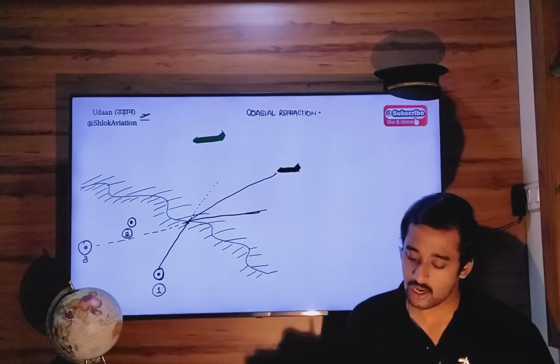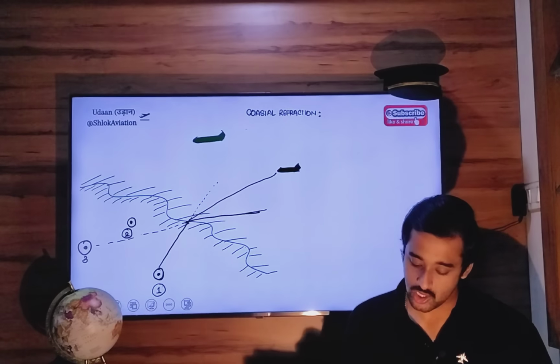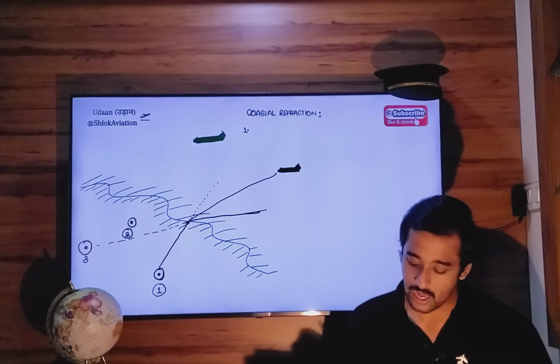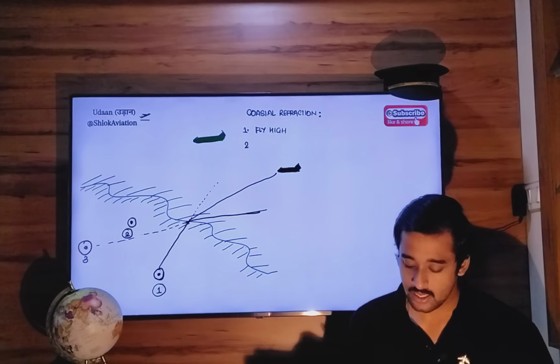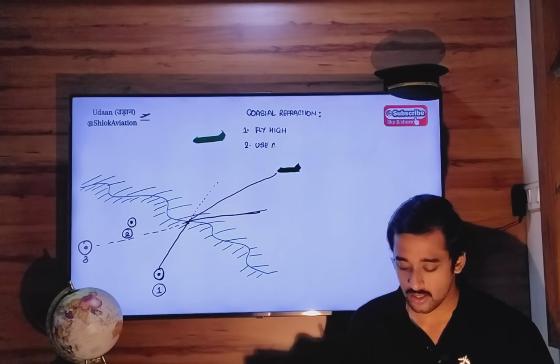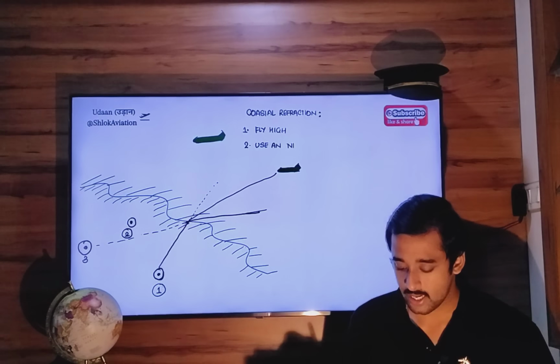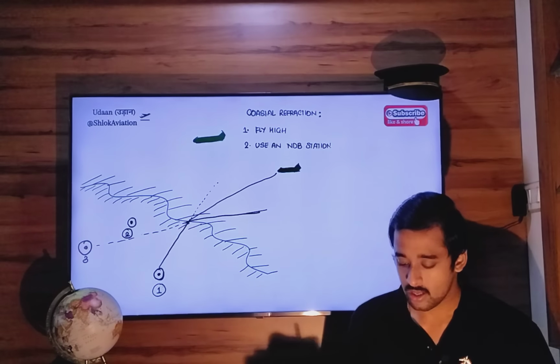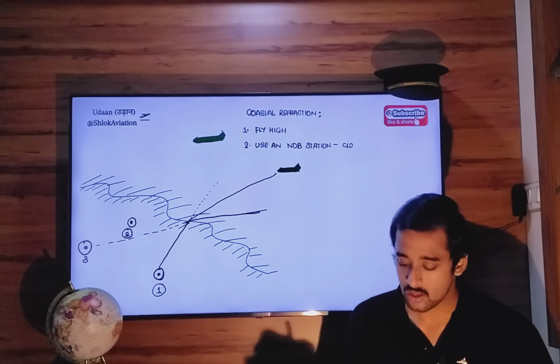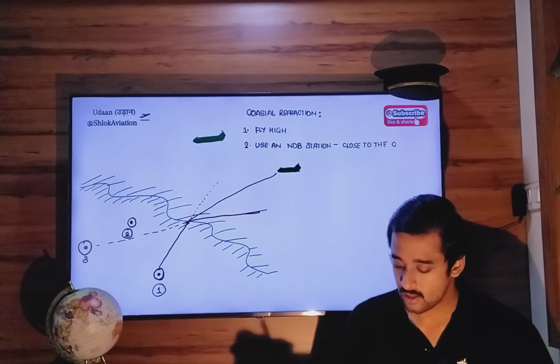What is the solution? How to minimize coastal refraction? First, fly at high altitudes. Second, use an NDB station that is close to the sea coastline.